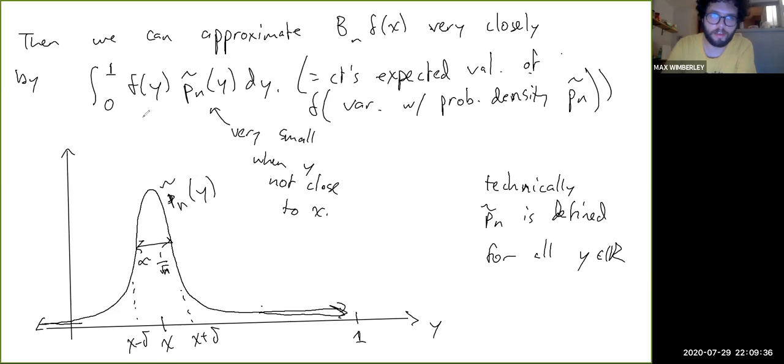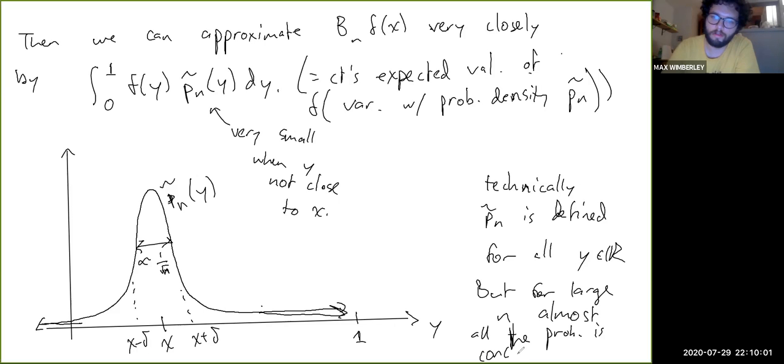So if we just integrate from 0 to 1, that's not genuinely the expected value here, because that's leaving out some of the pieces of the domain of Pn tilde. But for large n, almost all the probability is concentrated in the interval 0, 1.